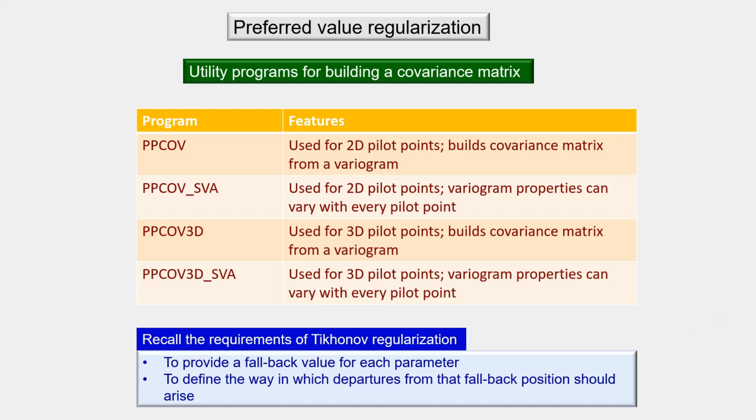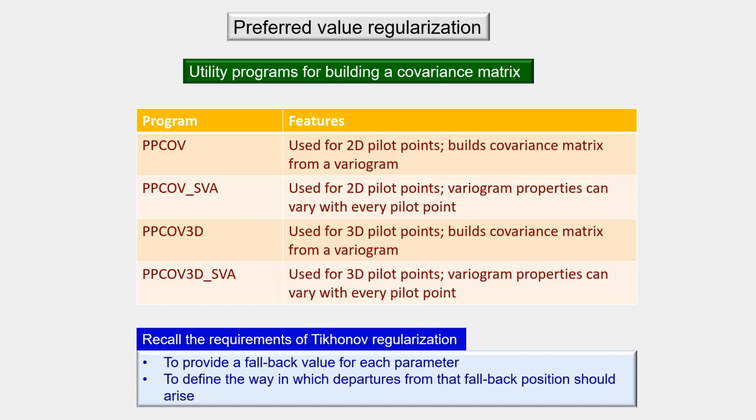Tikhonov regularization must also specify the manner in which we would like departures from that fallback position to occur. That's specified through the covariance matrices that we supply for each group of prior information equations that pertains to the pilot points for a certain parameter type in a certain layer.